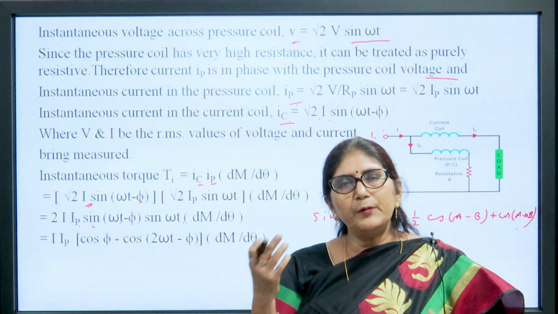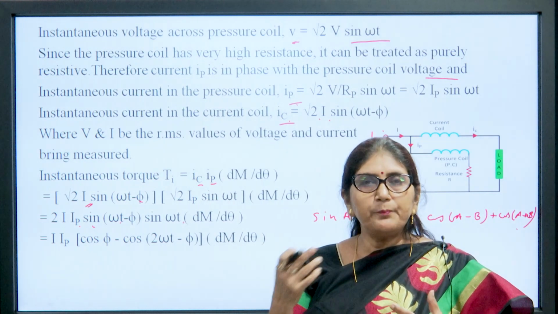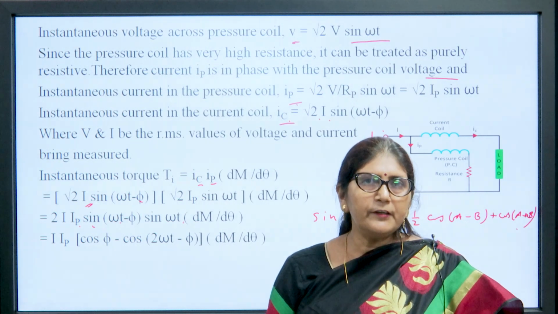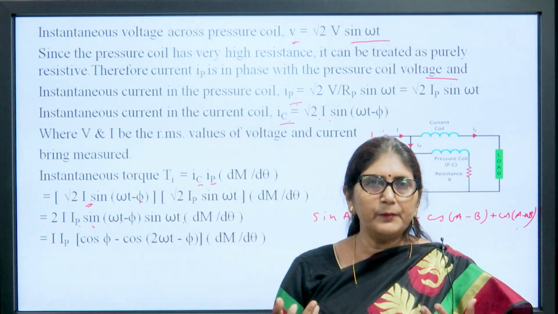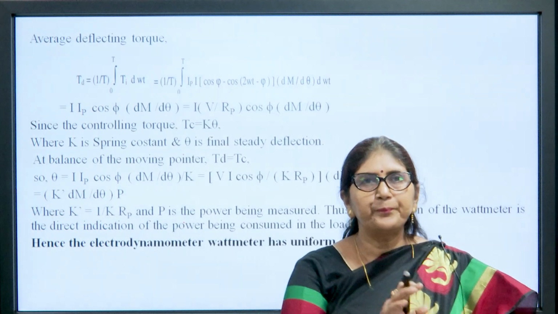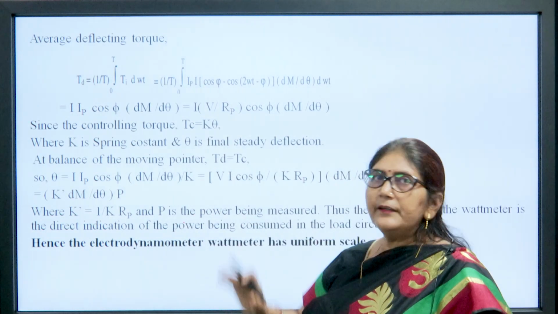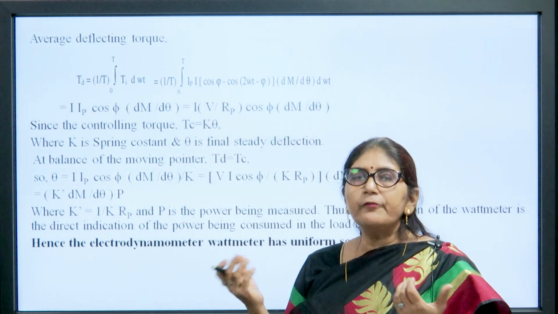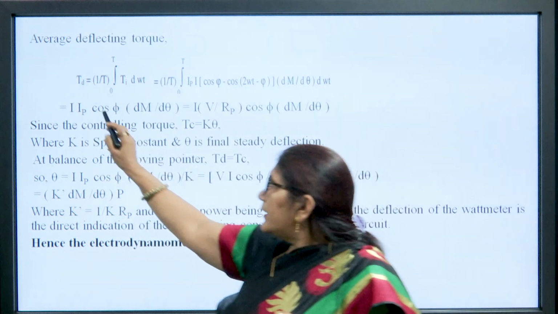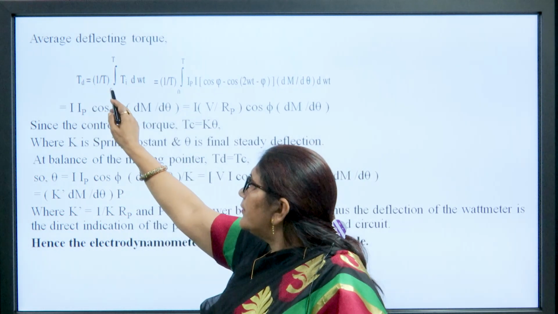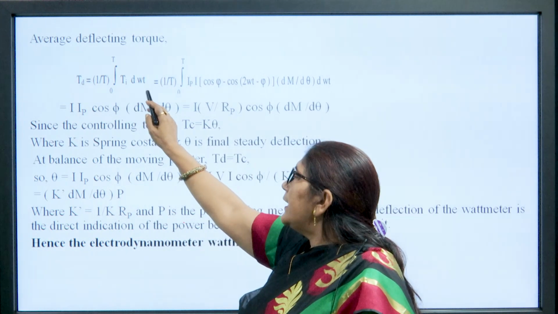If we measure the instantaneous power at any time, it will not give the exact value of the power. So, we are interested in the average power. So, the average power we can get by integrating over a time period, for one cycle. Here integration is done for the average deflection: Td is equal to 1 by T, integral from 0 to T of Ti d omega t.